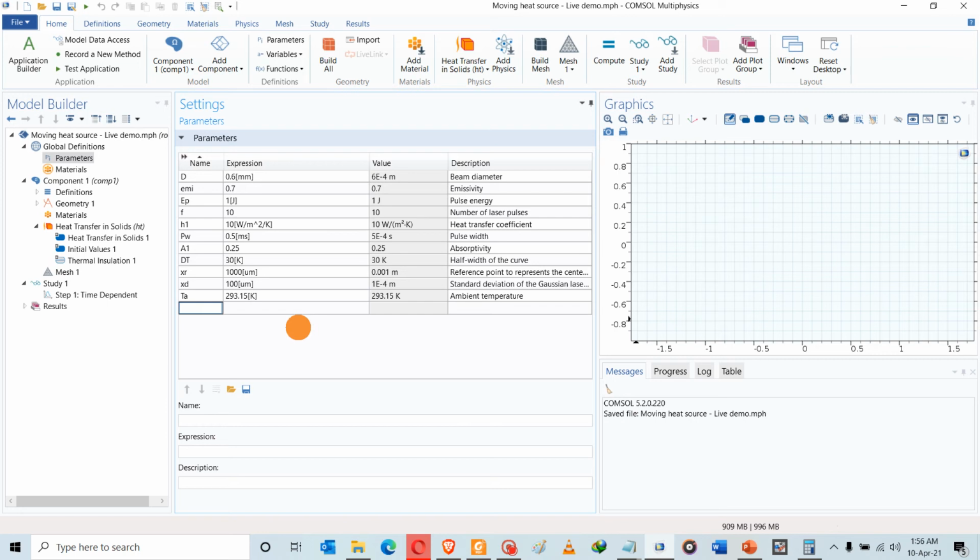So let's be economical. So the height of the sample, I'm going to call it H1. Let me say diameter of the laser beam multiplied by 2. Yeah, that's the height or the thickness of the sample.